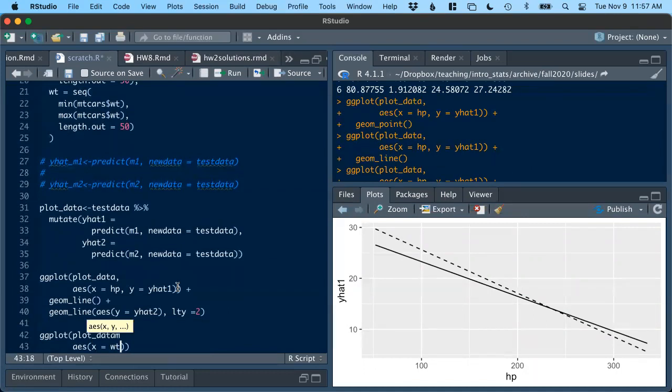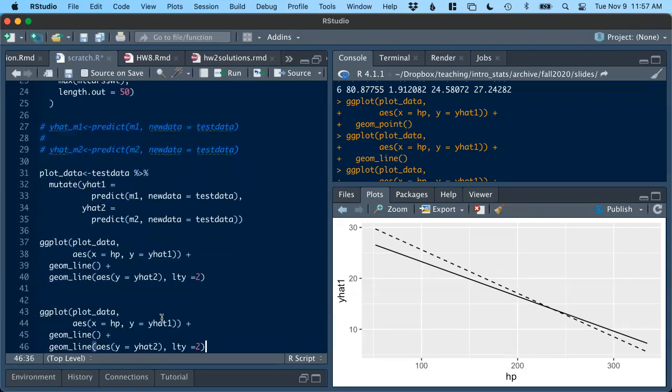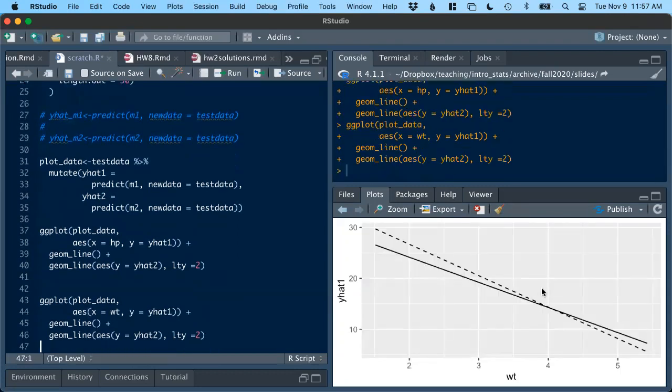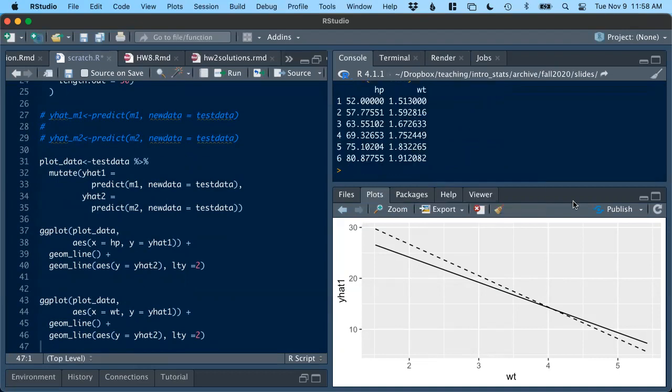X equals weights, Y equals Y hat 1. Yeah, so what we've done here is we've inadvertently made weights and horsepower move together, right?